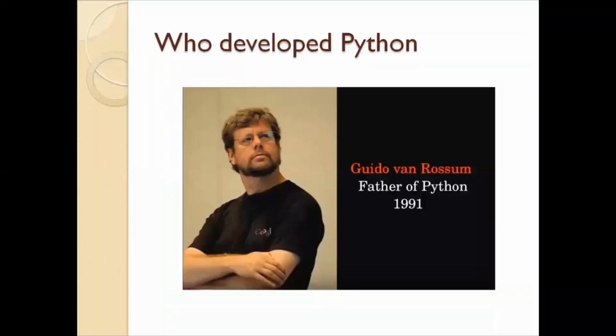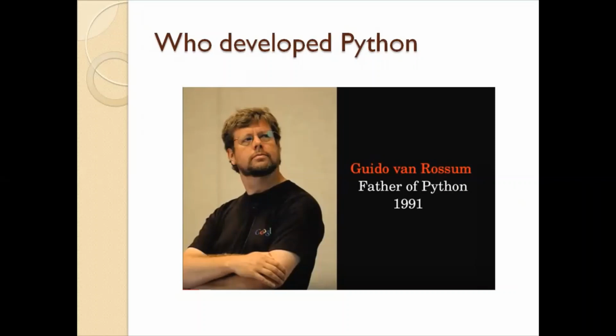This is the person who developed Python, Guido van Rossum, father of Python. As I told you, it was in the year 1991. He had some free time in December, so he wanted to experiment with something and developed the Python programming language.